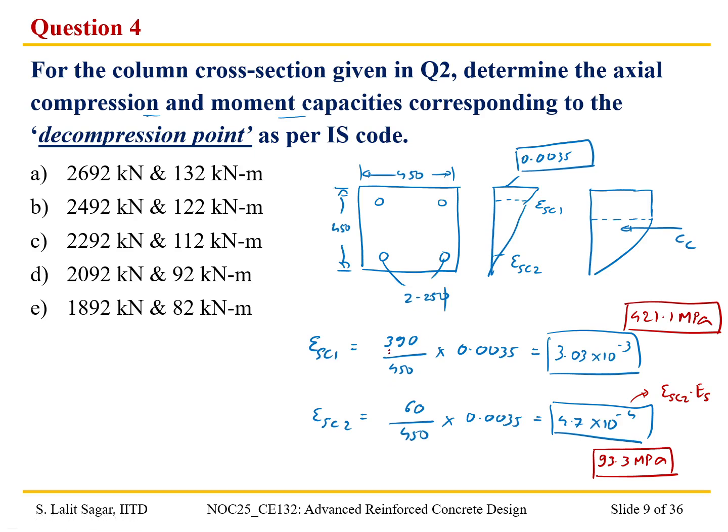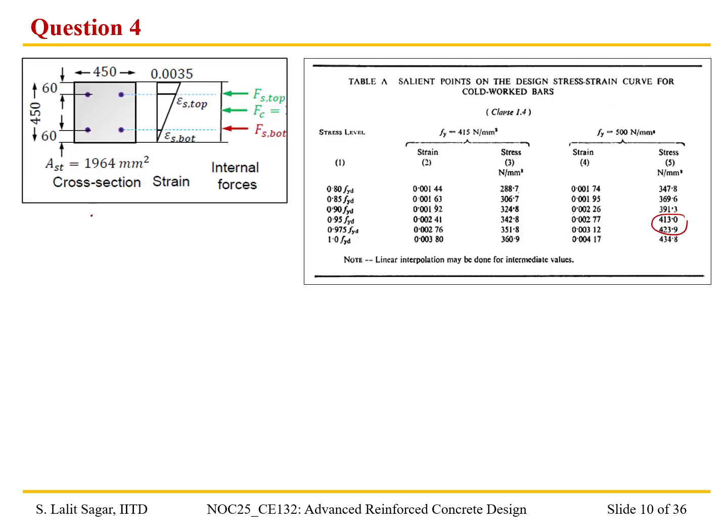So how do we find the value of the compressive force in the stress block? Let me write on the next page so that everything is on a single page.